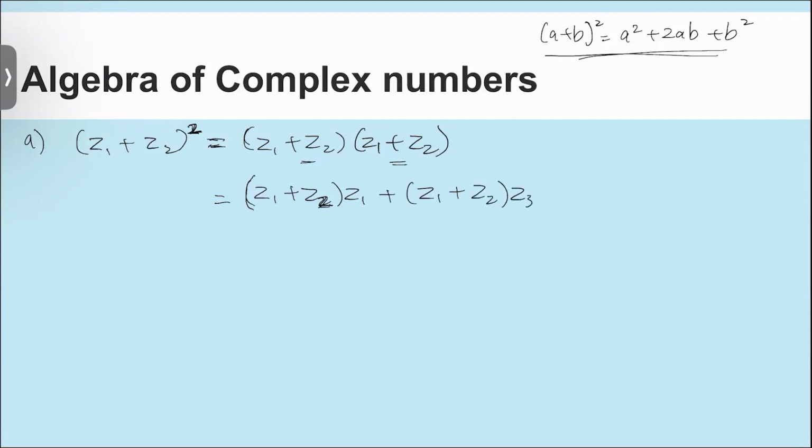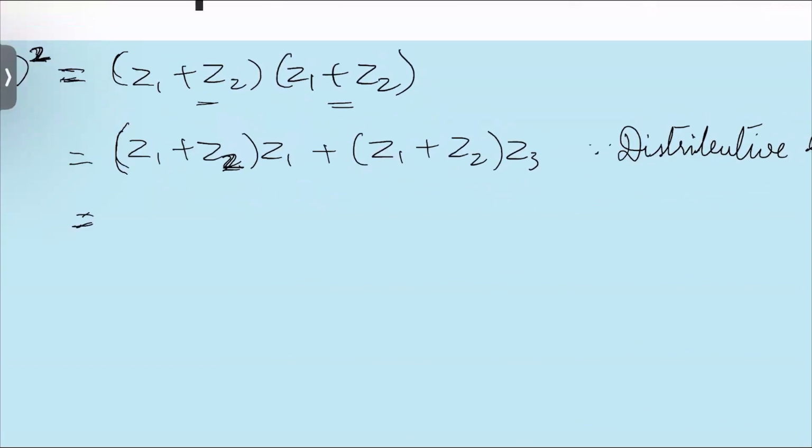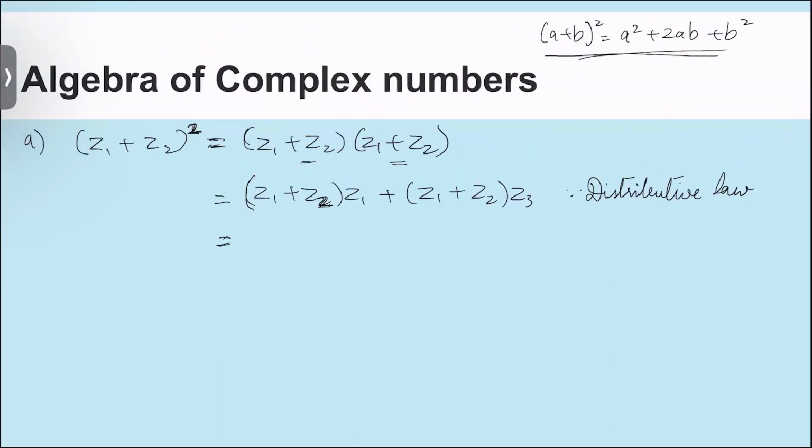This is due to the distributive law. Now, as we proceed with the multiplication between complex numbers, we will find z1 squared plus z2 z1.